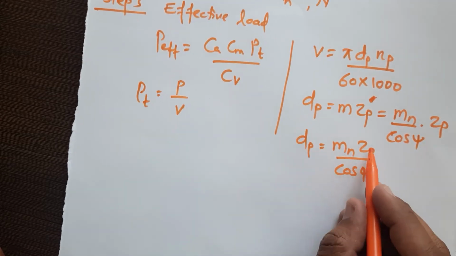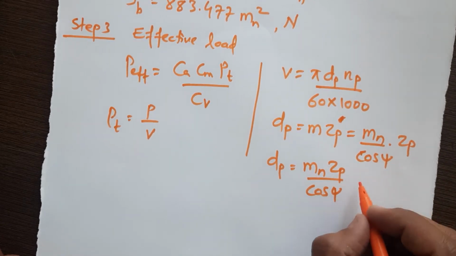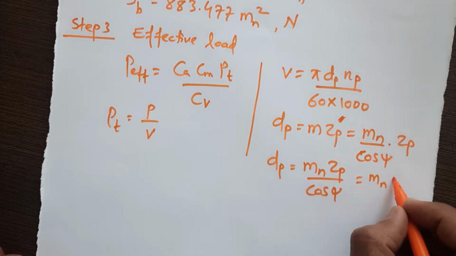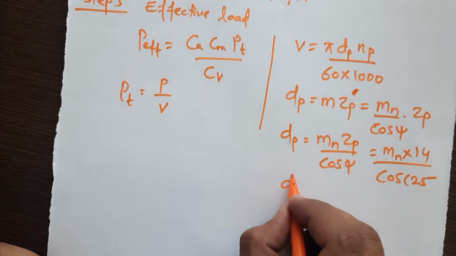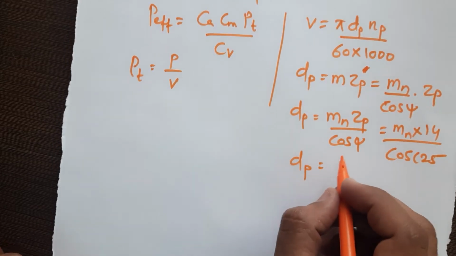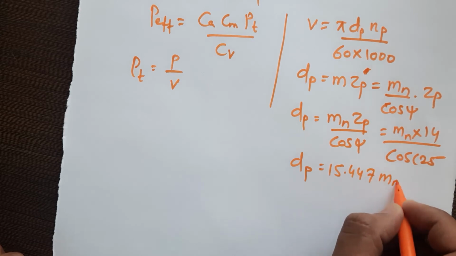Now if you substitute the value of zp and the value of psi, here mn, zp is 14 divided by cos of 25. If you solve it, you will get dp in terms of module as 15.447 normal module.